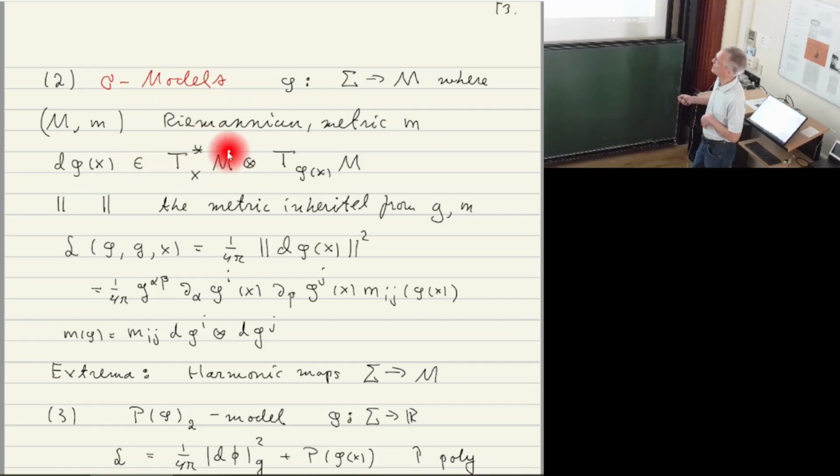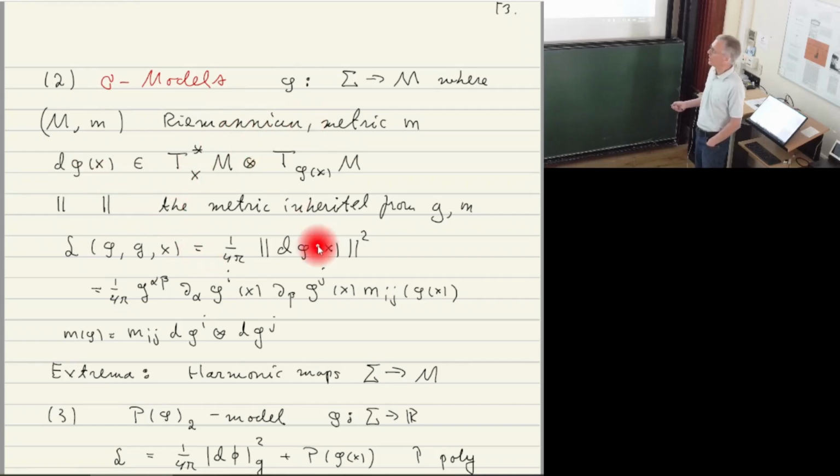So it's a cotangent vector on the surface, and it's a tangent vector here. Okay. So there's a natural metric here, a natural metric here, and then with this very compact notation, the Lagrangian is again the absolute value squared of this derivative.